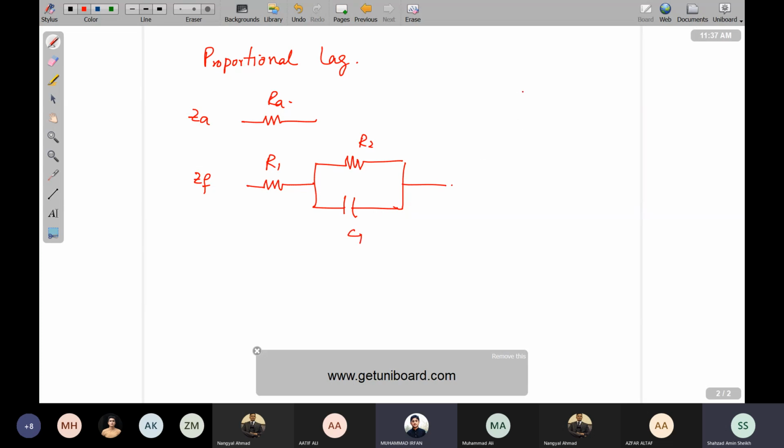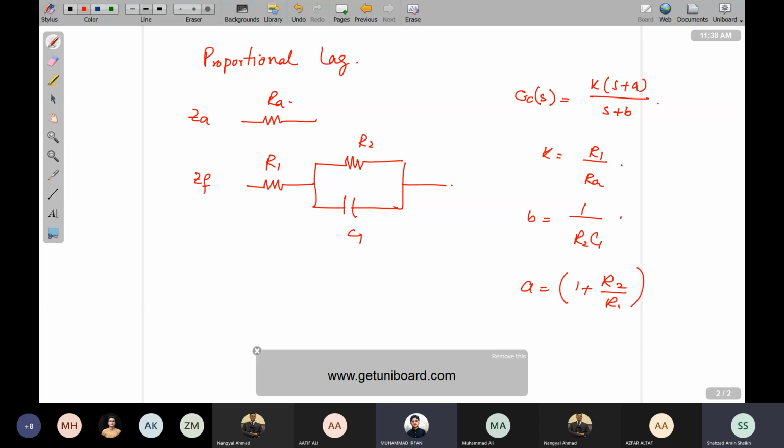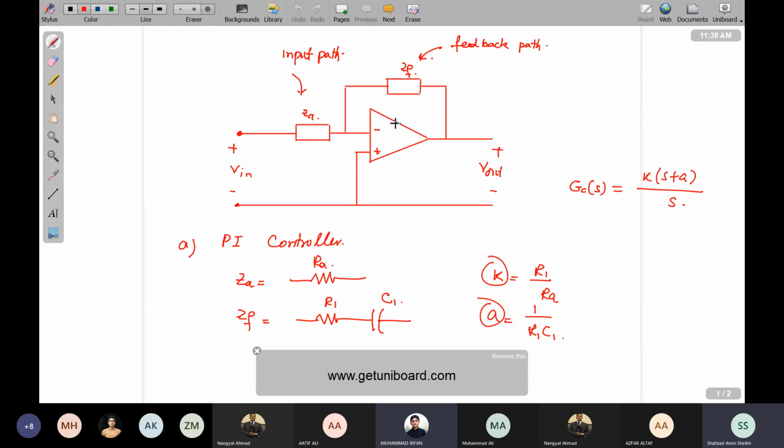As a result, the transfer function for this system is K (S plus A) divided by S plus B, and K can be calculated by solving the circuit. B is equal to 1 over R2 C1, and A will be equal to 1 plus R2 over R1, into 1 over R2 C1. So that's your proportional lag controller. Again, the same circuit is being utilized.